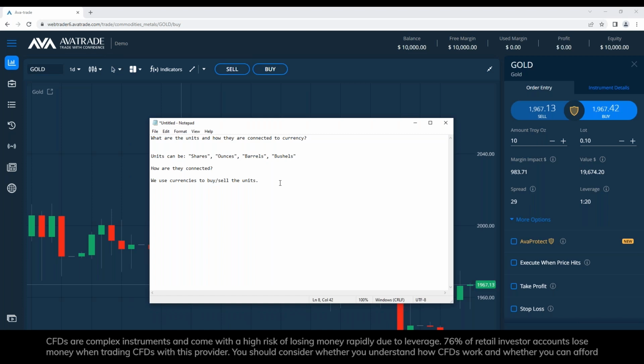So the units are the quantities that I'm trading with, the amount. And they're connected because we're using the currencies. This is a dollar base account, so that value is in dollar. If my account would be euro, I'll have a euro value, right?